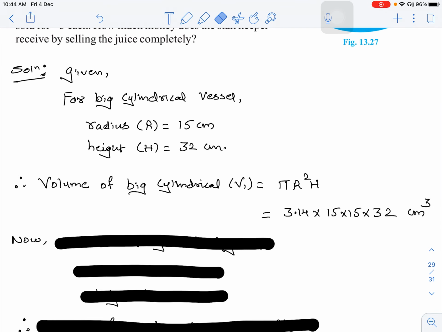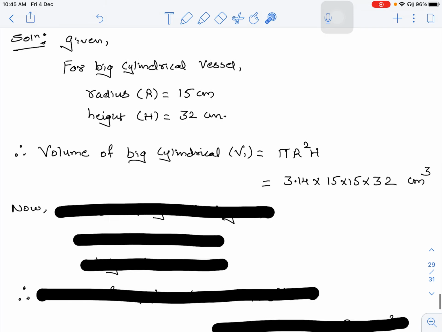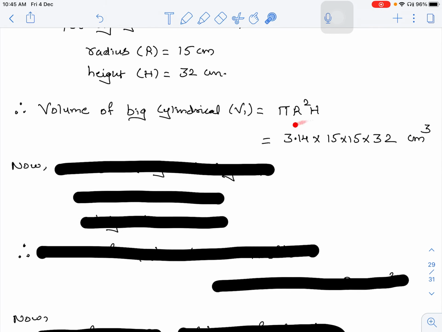Volume of big vessel, we will indicate it by V1, equals pi capital R square capital H. Now this value of pi, you can put, or else you can keep it as it is, because further it will be cancelled. So I'm writing here 3.14 into 15 square, means 15 into 32 centimeter cube. Now this is the volume of juice we can say.